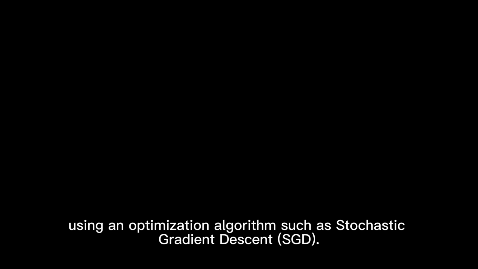And next is the parameter update. The gradients are then used to update the parameters of the network, such as the weight matrices and the biases, using optimization algorithms such as stochastic gradient descent.